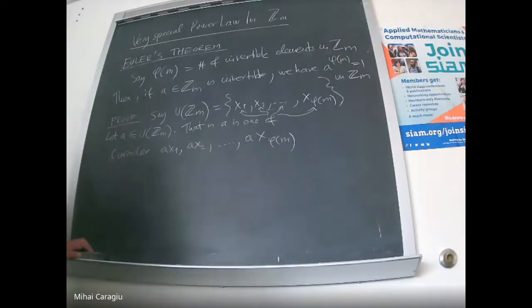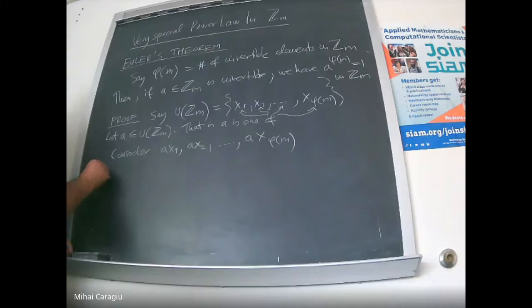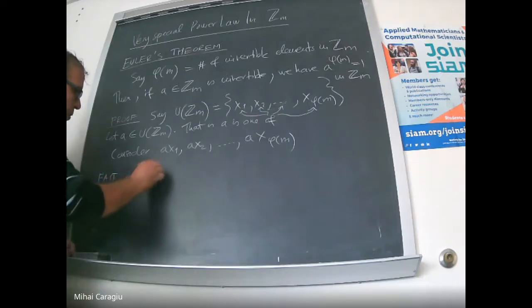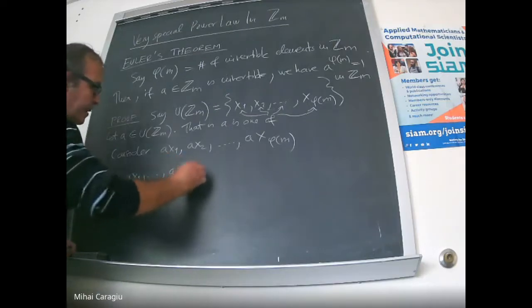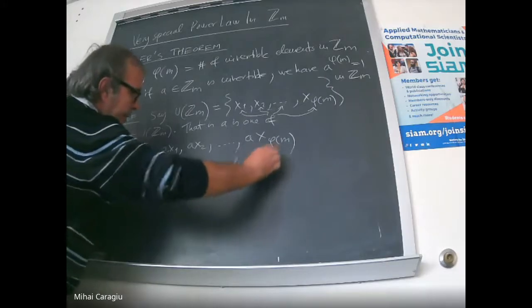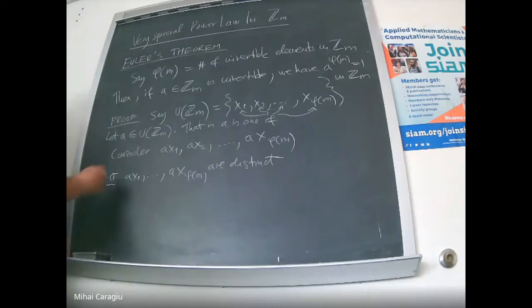Okay, so first of all, they are distinct. So important fact: Ax1 through Ax sub phi of m are distinct. Let's call this fact number 1.